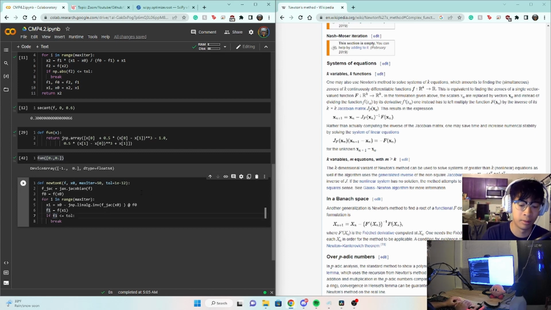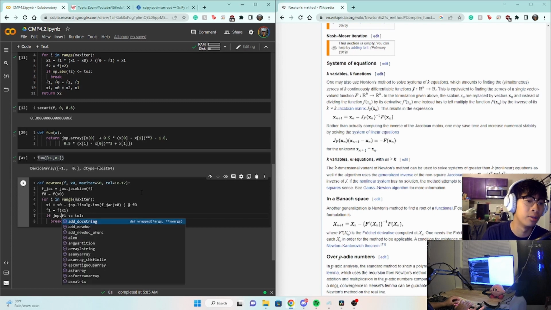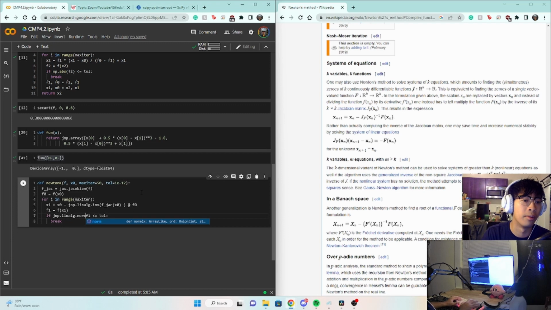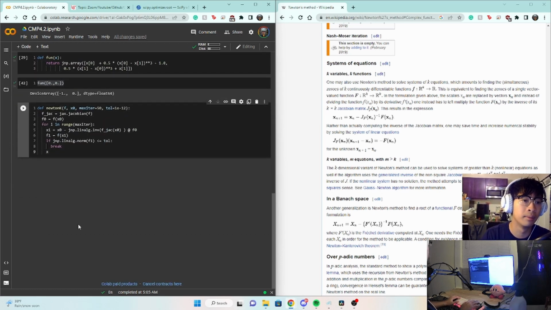So what we want to do is find the norm, in other words, the magnitude of this function. jnp.linalg.norm of this vector. If it's not, we update. We say that our new previous x value is equal to the new x value, and our new previous f value is equal to f evaluated at x0.